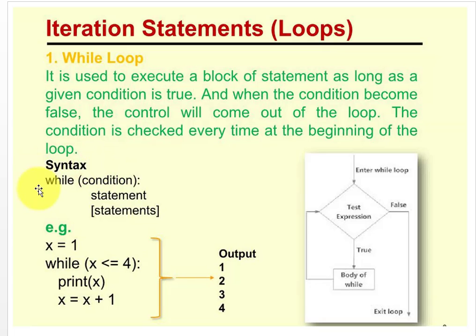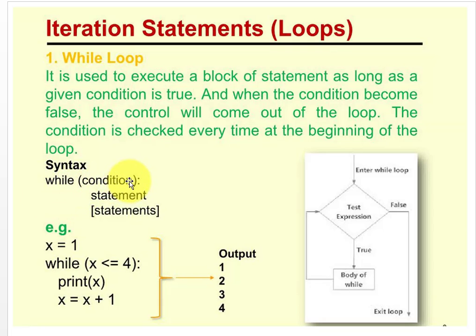So this is the syntax. This is the format of while. You have to use the keyword while when you want to create your program with the help of the while statement. First you have to use while, the while keyword.